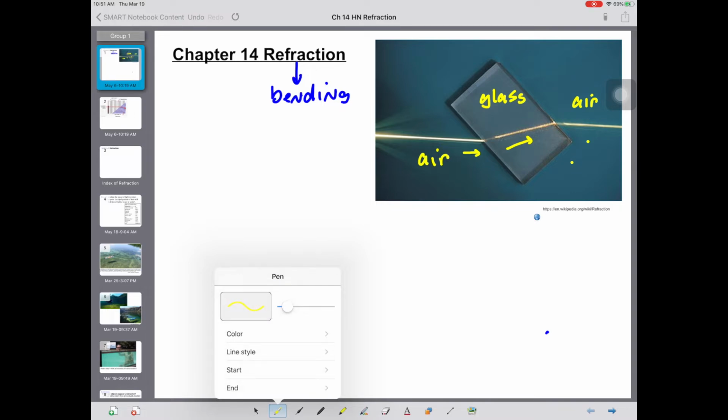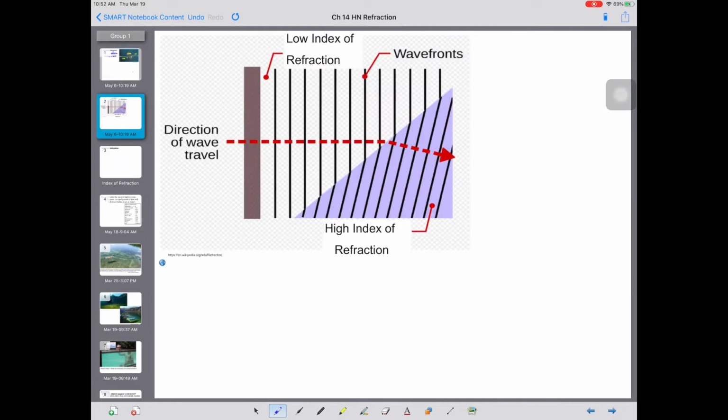Remember, we talked about that change in direction being caused by a change in speed. So the light is either speeding up or it is slowing down, and that change in speed causes that bend, that change in direction, and that change in direction is refraction.